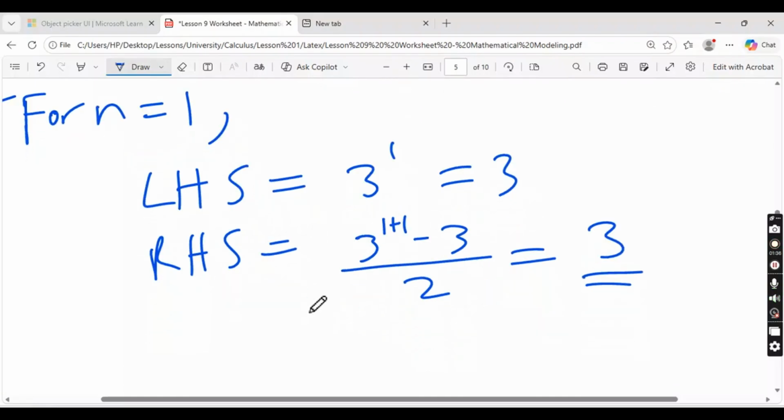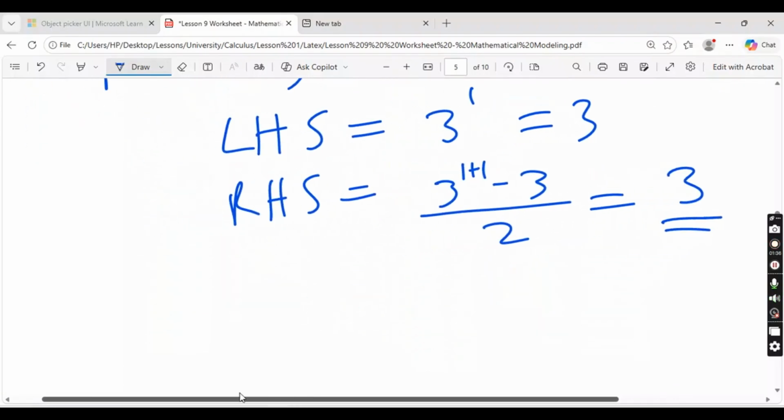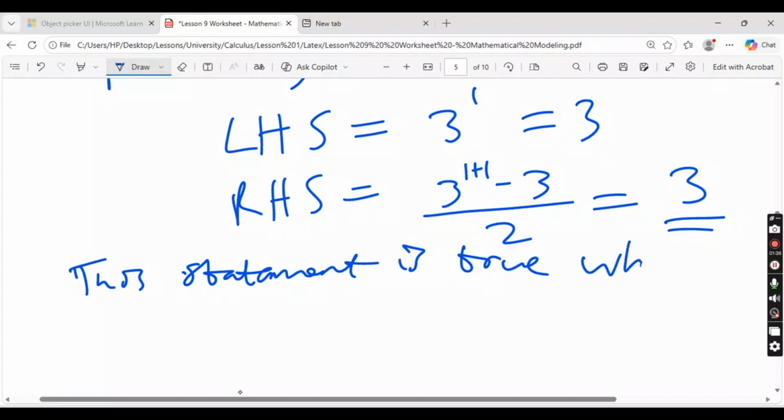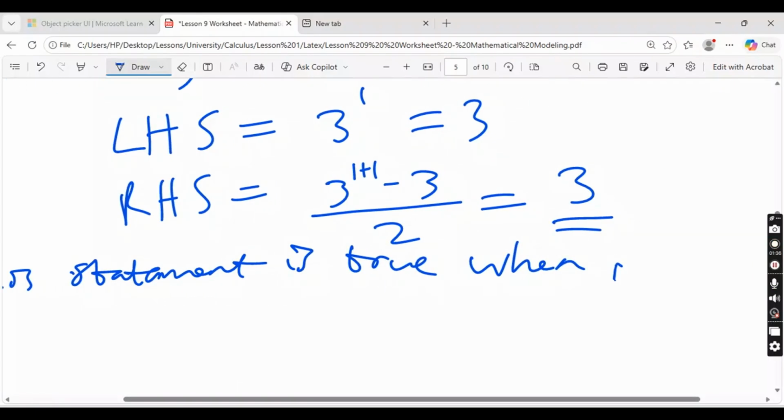Okay. What do we do? Then we said, oh, we forgot to say the statement is true when n equals 1. Yes, the statement is true when n is equal to 1.